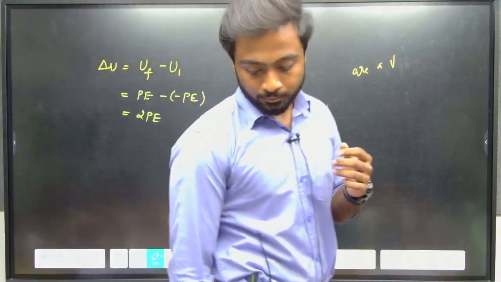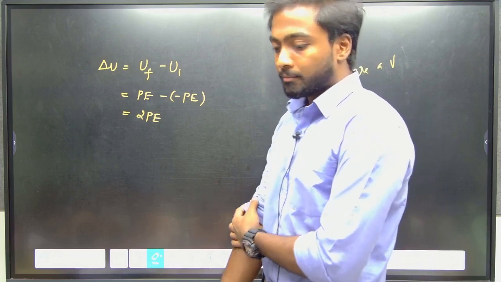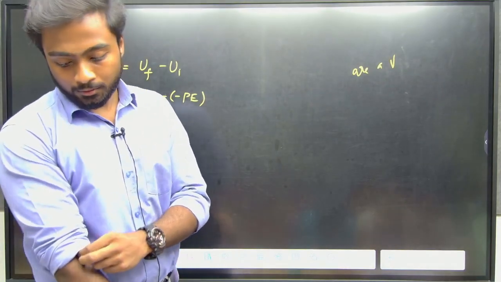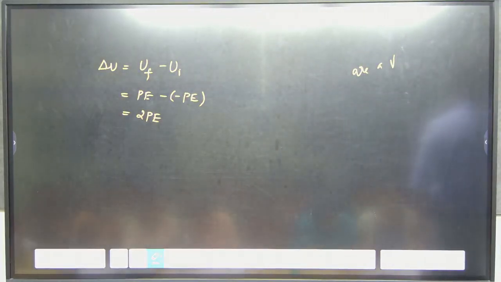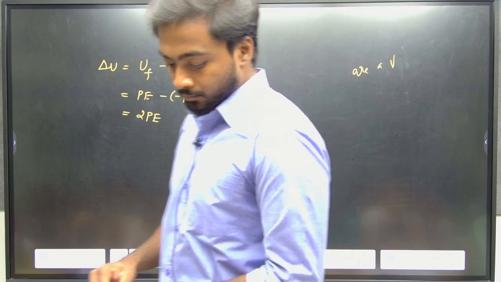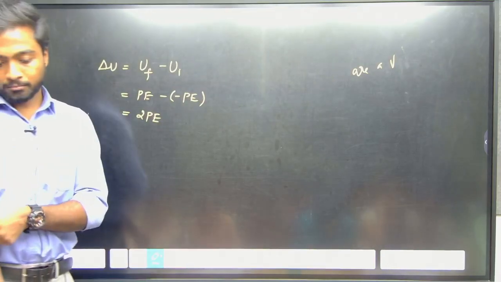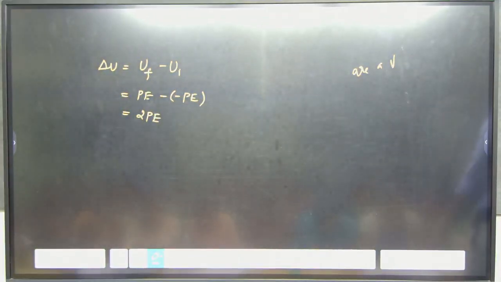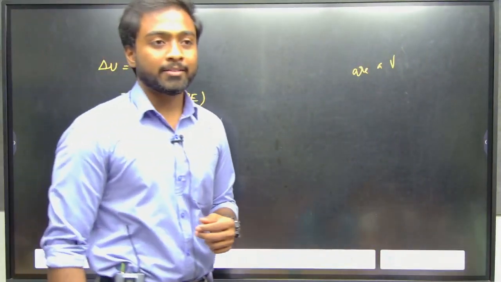The first point, electric field lines of force originate from positive charge and infinity, and terminate at negative charge and infinity.